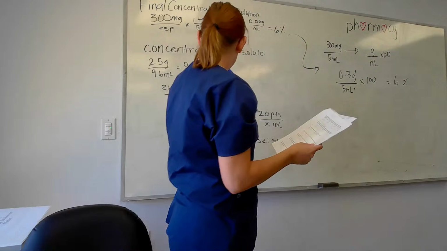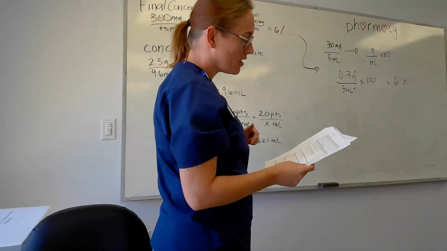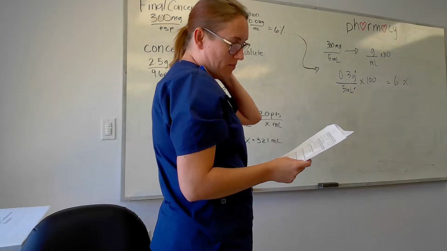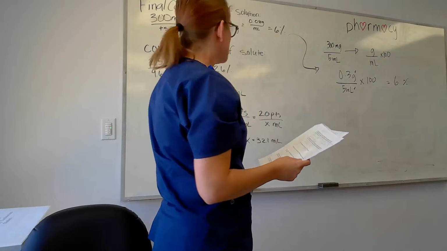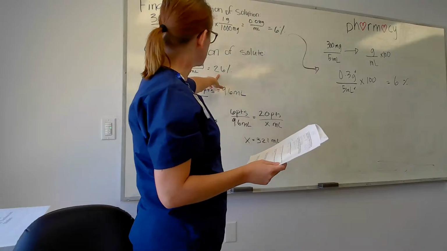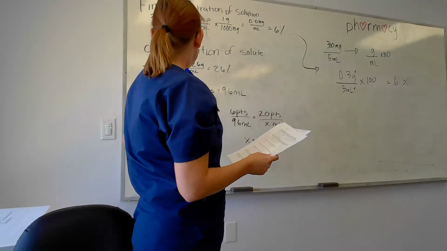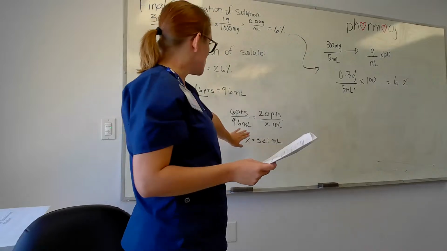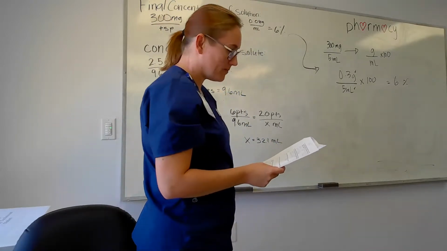So that goes in the middle of our tic-tac-toe board. We know the weight of the dry powder is 2.5 grams and the volume is 9.6 milliliters, so we can figure out the concentration of our solute is 26%. So that goes up top, and water is of course 0%, and then I used alligation to find how much water we need.